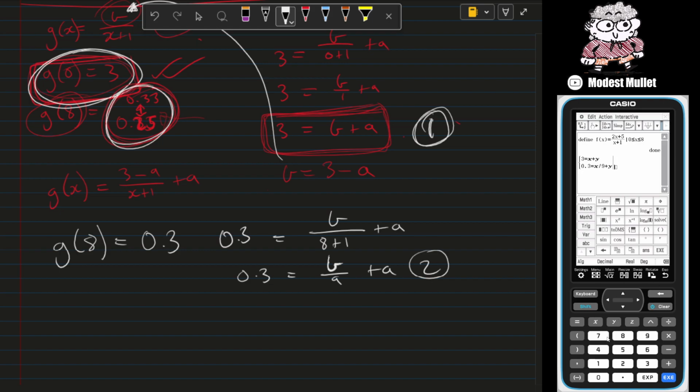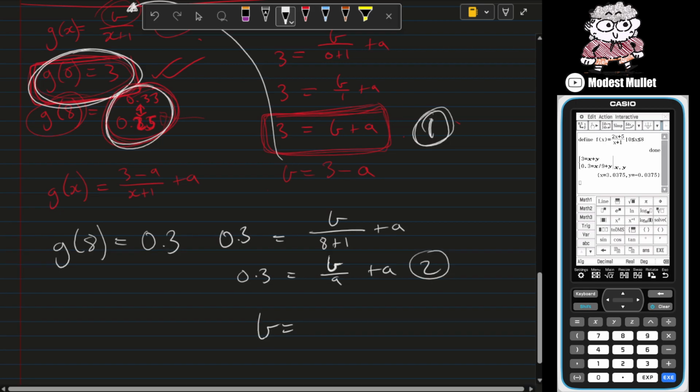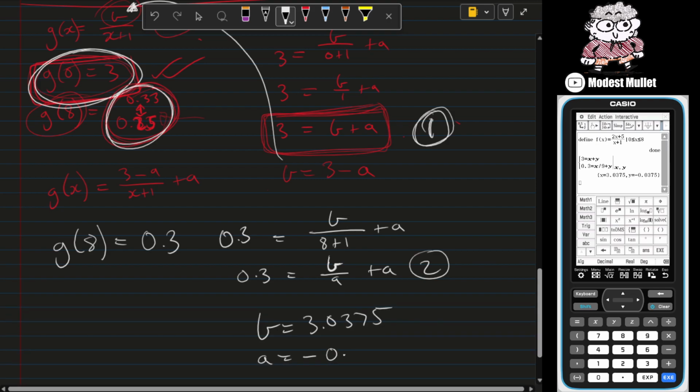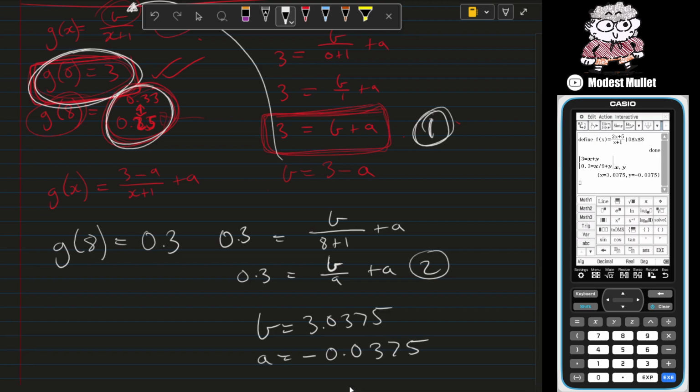Put in the simultaneous equation solver, x comma y, and run it. So we said x was our b, so b needs to be equal to 3.0375, and a needs to be equal to negative 0.0375, and that meets our requirements.